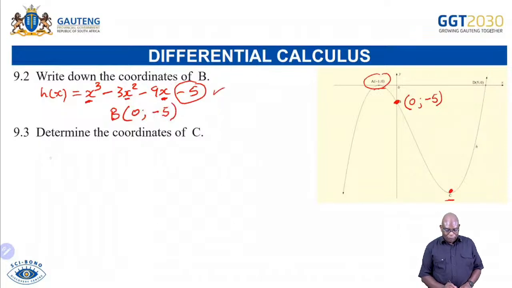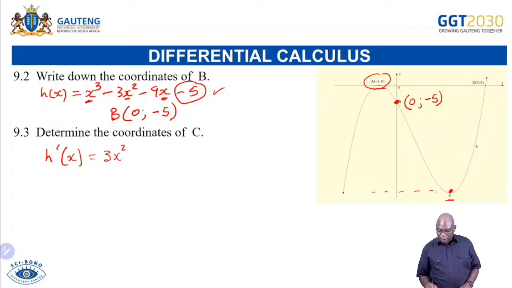So if I derive h of x, I'll get 3x squared. Remember here, the gradient is 0. So when you derive, you're getting the gradient. So the gradient is 0. So I'll have -6x. I'll have -9. Then, because it's gradient, it must be 0. So I'm going to divide this by 3.